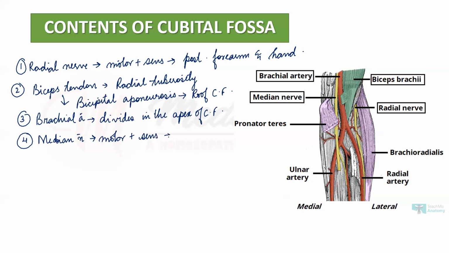But where? To the anterior forearm and hand. When the radial nerve has motor and sensory function to the posterior forearm and hand, the median nerve has motor and sensory function to the anterior part of the forearm and the hand.